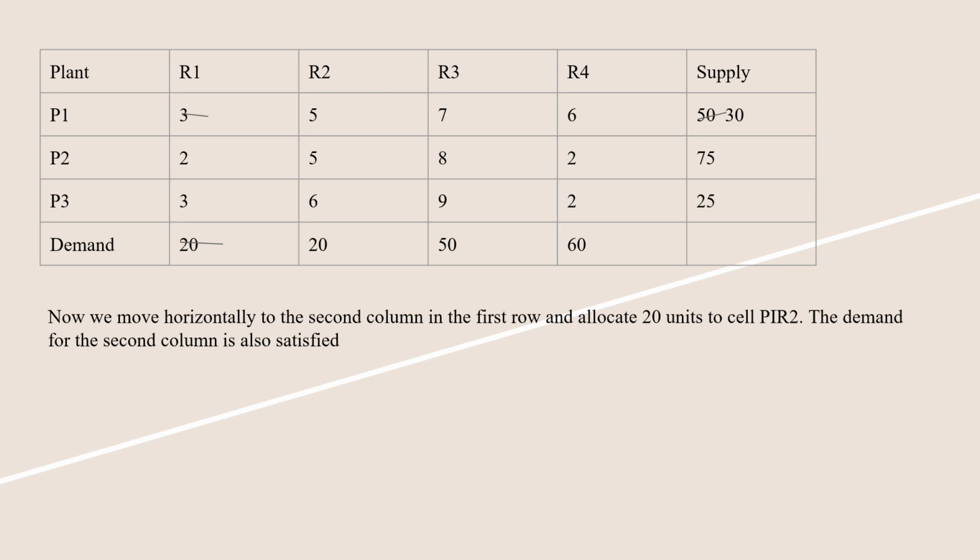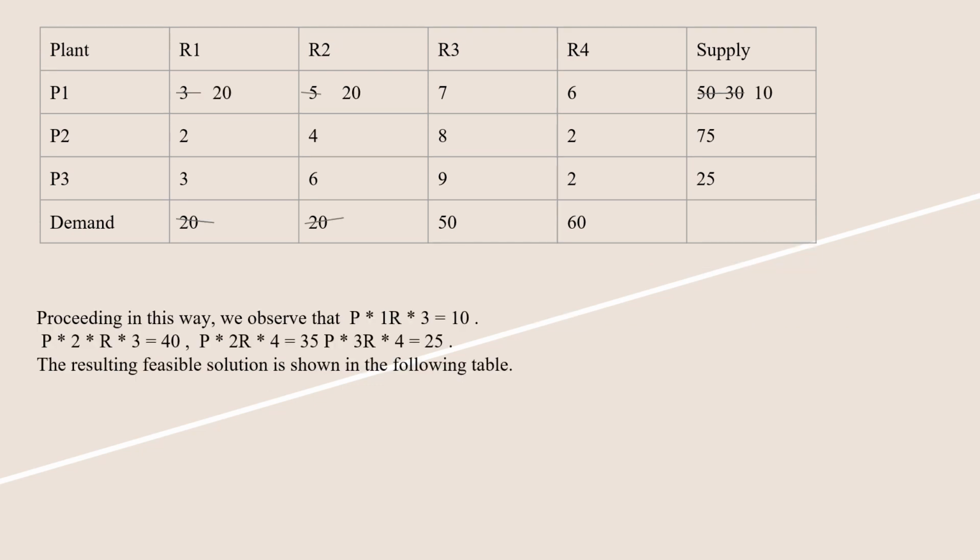The demand for the second column is also satisfied. Proceeding in this way, we observe that P1R3 is equal to 10, P2R3 is equal to 40, P2R4 is equal to 35, and P3R4 is equal to 25. The resulting feasible solution is given in the following table.